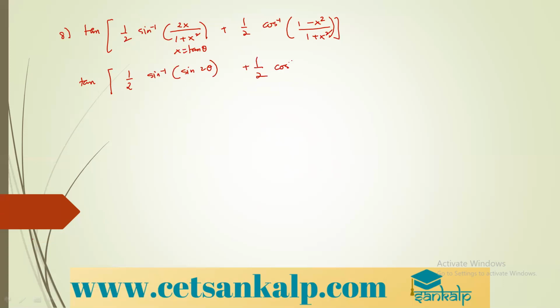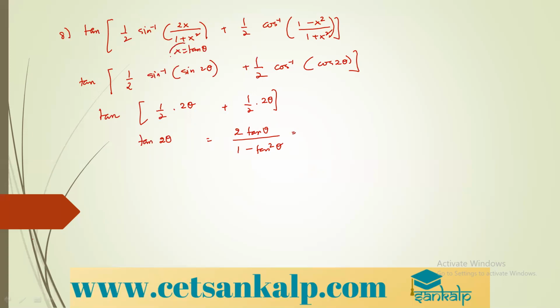Same thing here, cos inverse of cos 2 theta. That means it will be tan of half into 2 theta plus half into 2 theta. That is tan 2 theta, which will be nothing but 2 tan theta by 1 minus tan square theta. Because we have taken x as tan theta, the final answer will be 2x by 1 minus x square.